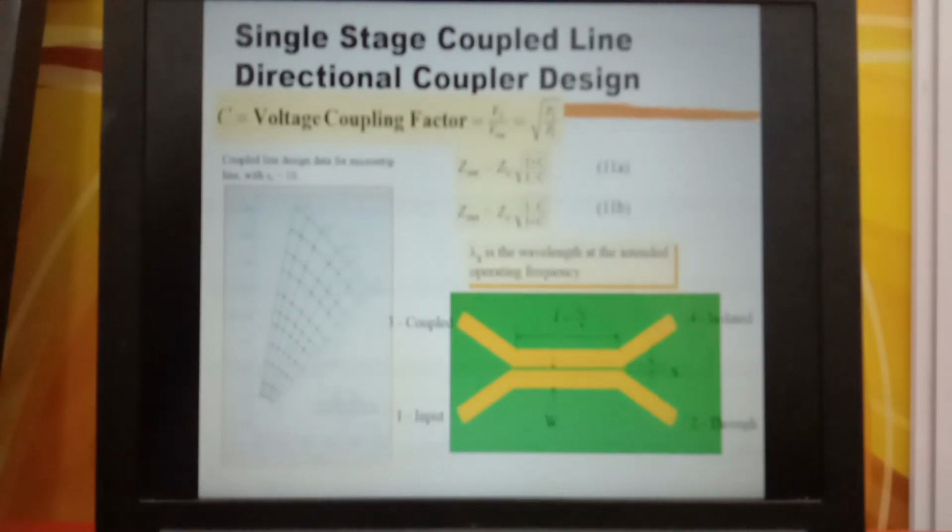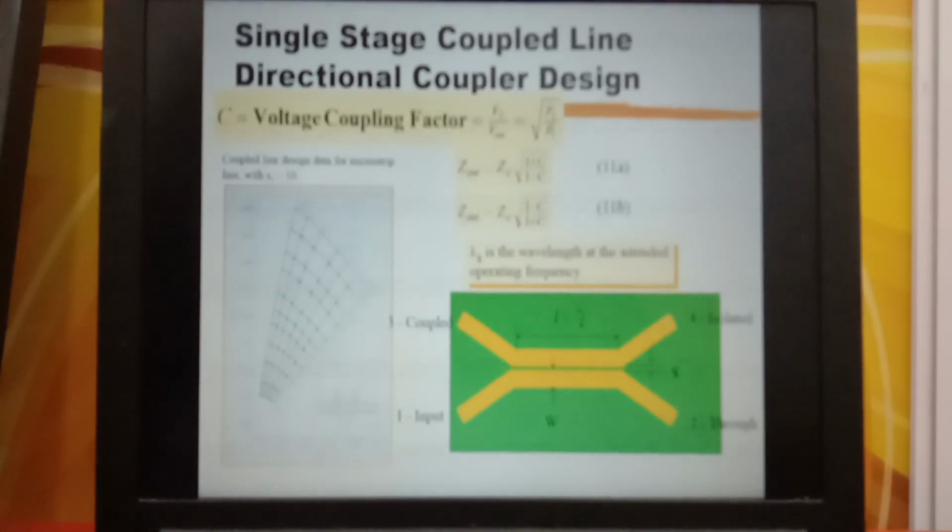So based on the desired coupling factor C, we can calculate the required ZOE and ZOO, and then we can use this graph to find the required line width and spacing. For example, for a given value of ZOO and ZOE, we have a coordinate on this graph.